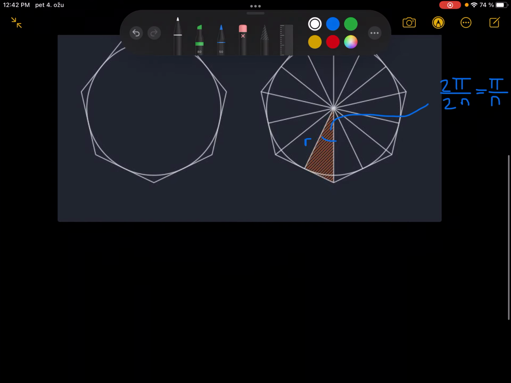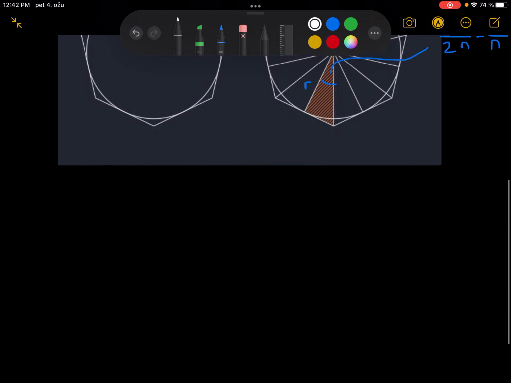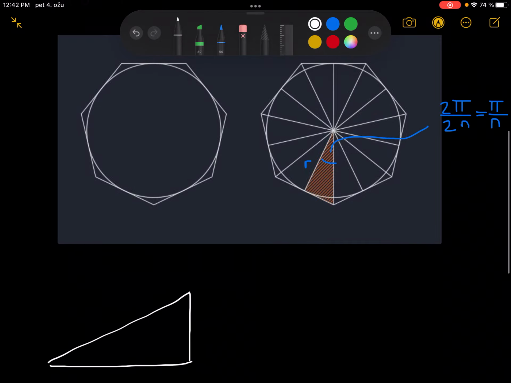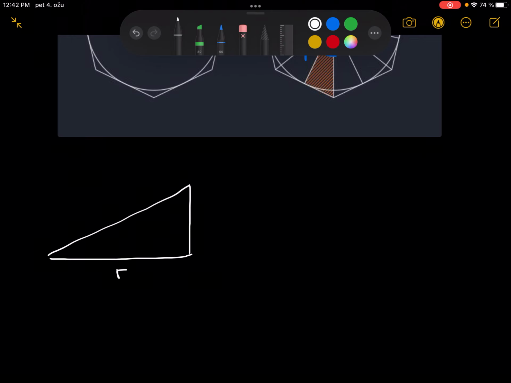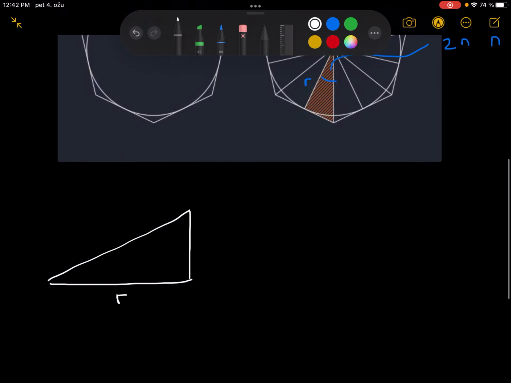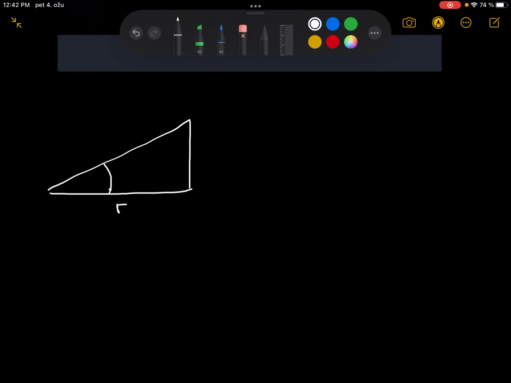Okay, now let's go and take one of these triangles. Let's say that's this orange one. Okay, I'm going to sketch it real quickly. So we know that this side, or the height of the triangle from the picture, is equal to the radius of the circle. And we also know that this angle right here is equal to pi over n.